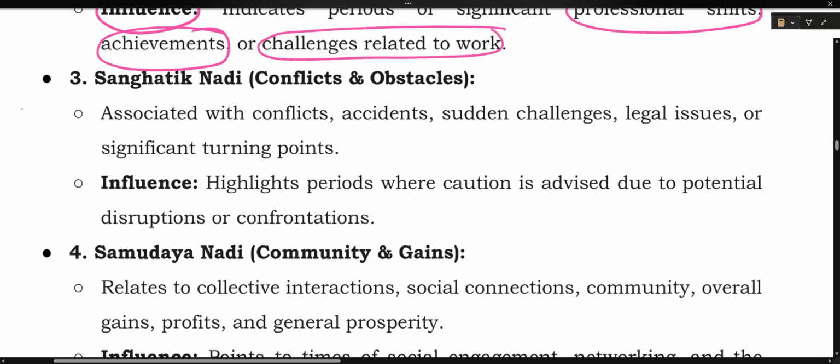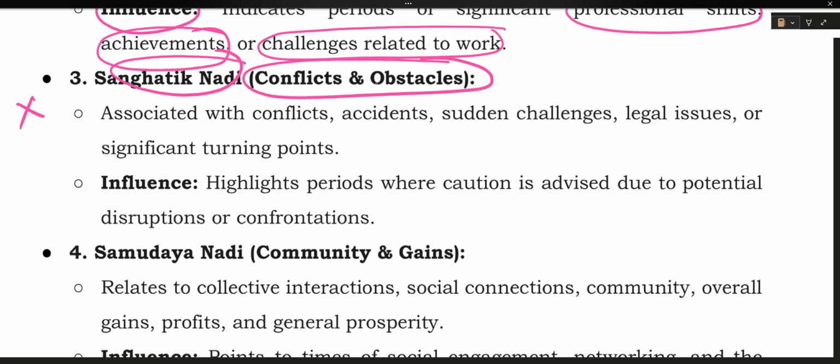Next we have the Sankhatik Nari. Sankhatik Nari means conflict and obstacles. These are the obstacle-making Nakshatra. It is associated with conflict, accidents, sudden challenges, legal issues, significant turning points. These conflicts and obstacles are always part of life.